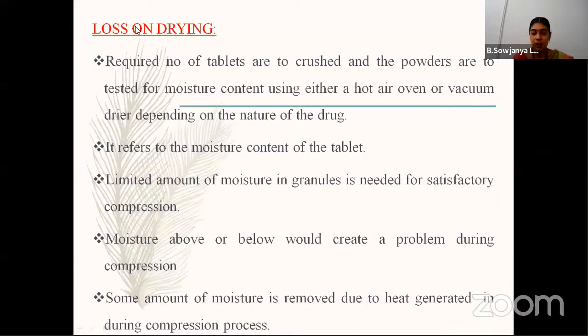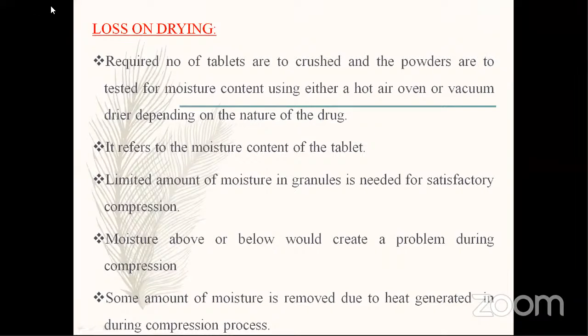So determining how much moisture is present in the tablet is an important parameter. Loss on drying completely refers to the moisture content of the tablet. A limited amount of moisture in the granules is needed for the tablet compression process.